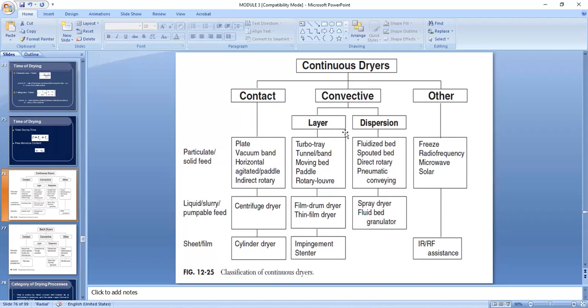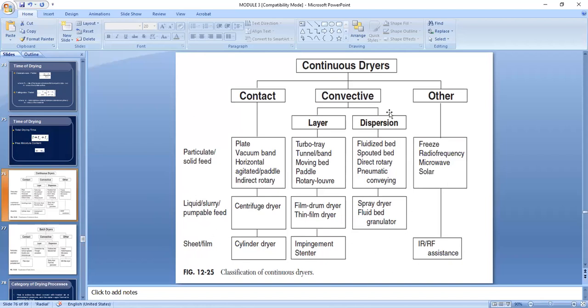So in each of these modes of drying, you further divide them based on the feed that it processes. It could either be particulate or solid feed, solid, slurry, or pumpable feed, or it could be in the form of sheet or film. Then you can choose the appropriate type of dryer.